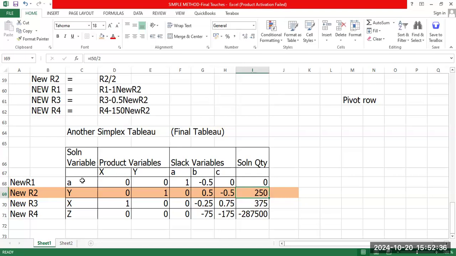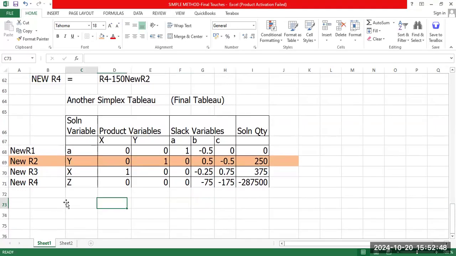Do you have this? Yes. Okay, this is our final tableau. What does this one mean? It means that the value of X and the value of Y are the data bundles. You just analyze here.